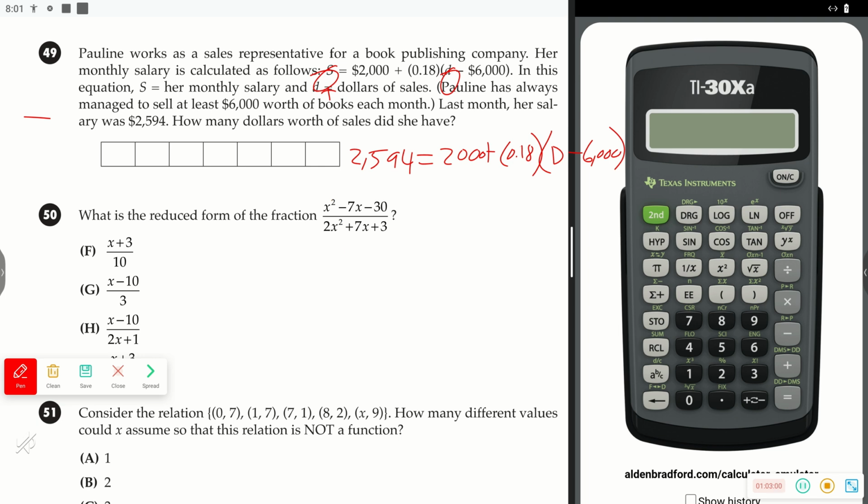So all you have to do is solve this and we'll get the answer. The first thing I'm going to do is distribute, and we need to subtract the 2,000. So minus 2,000. In this case, we have 594 equals 0.18 D, because we did 0.18 times D, and then 0.18 times 6,000.